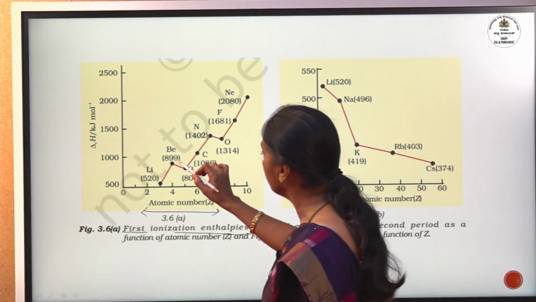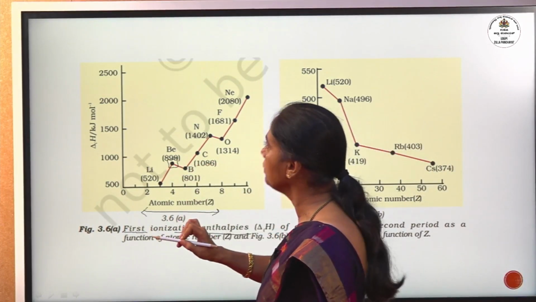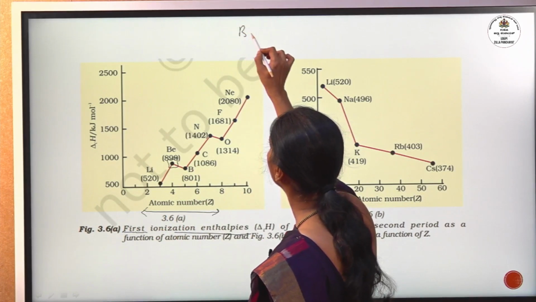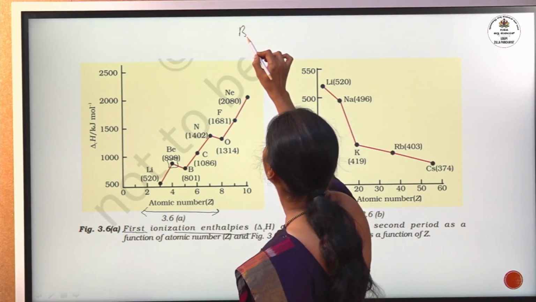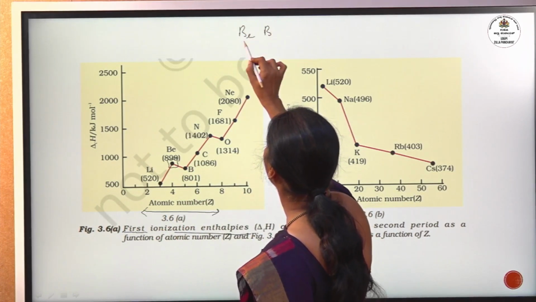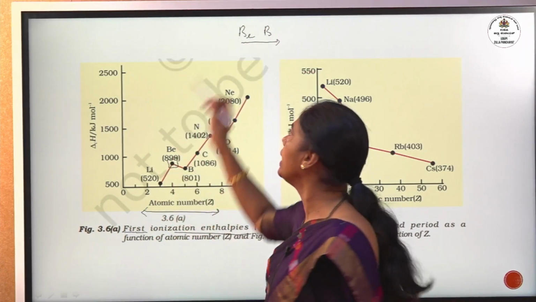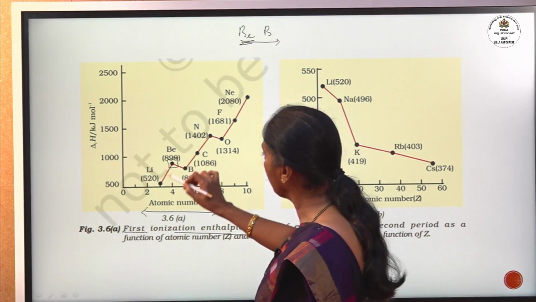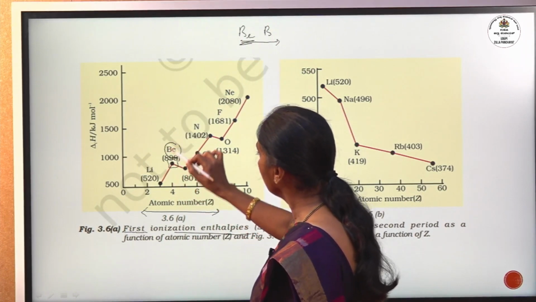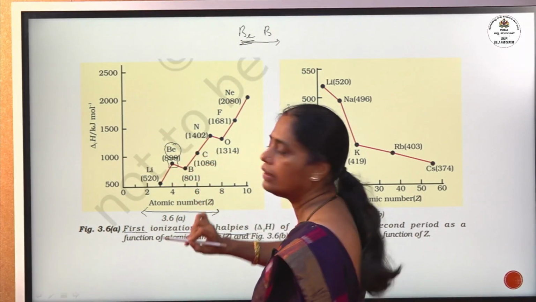But here first we get beryllium, after that boron comes. So according to the general trend, boron should have higher ionization enthalpy than beryllium, but in practice beryllium has more ionization enthalpy than boron.